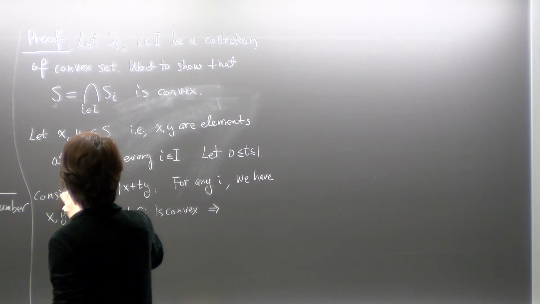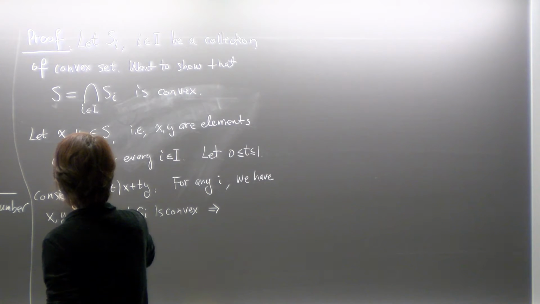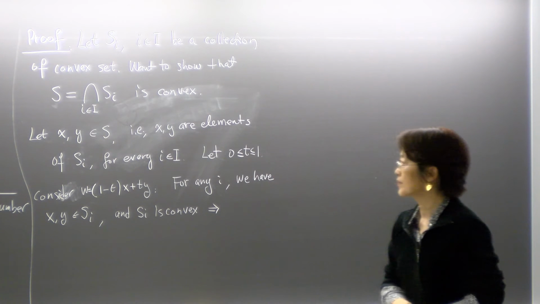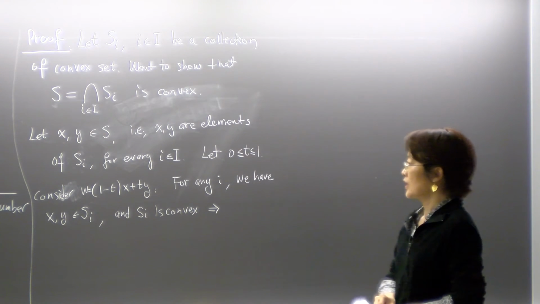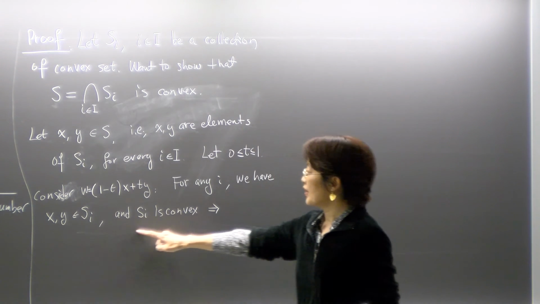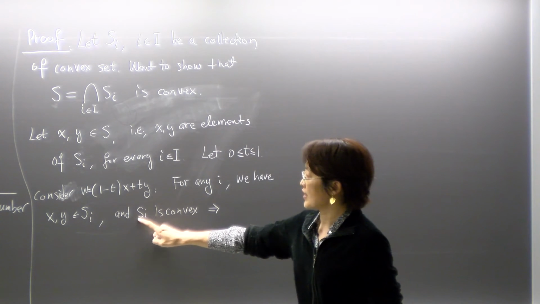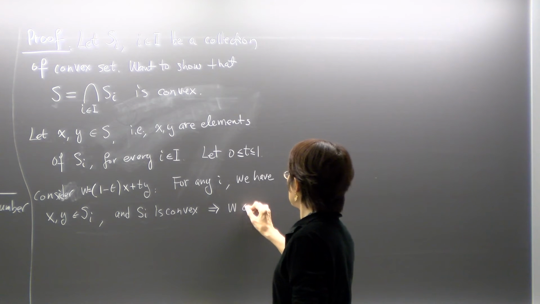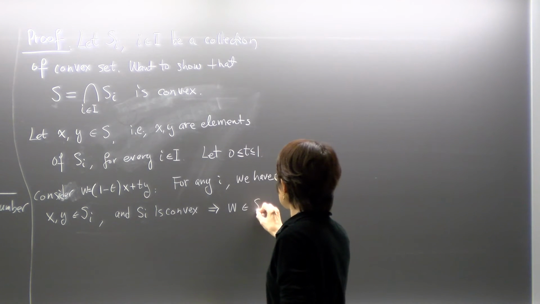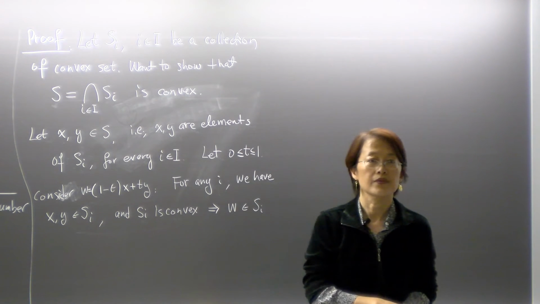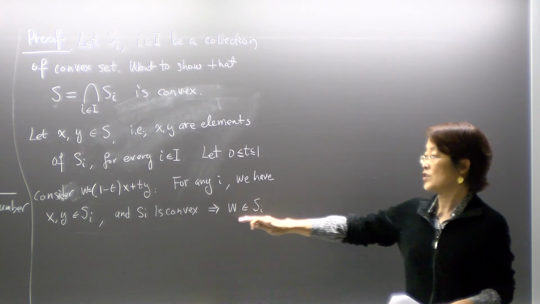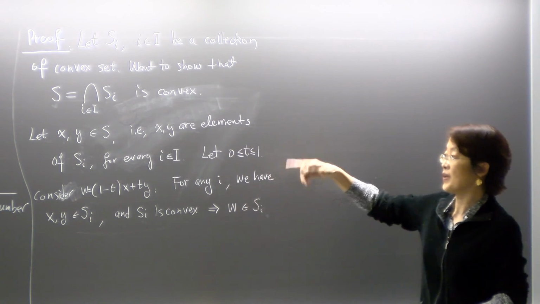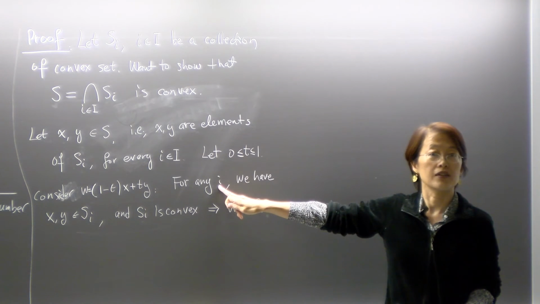Would that be okay? Consider W is the convex combination of them. So per definition of convex set of Si, then I know this W will lie in the set Si. Is that right? And this works for every i, because the i I pick is generic.